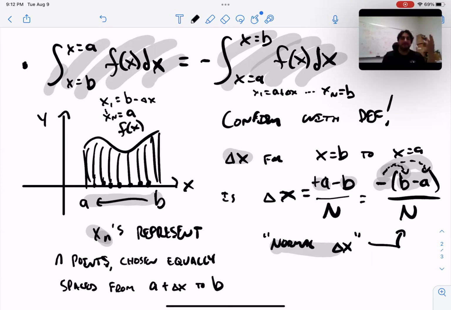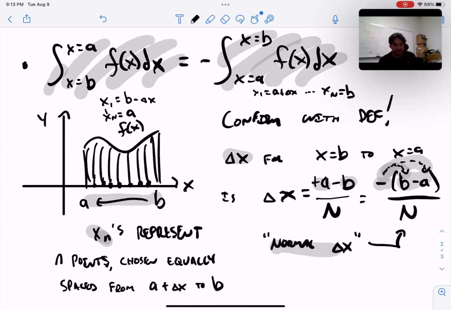By the way, we defined our points x sub 1 through x sub n. So you do get slightly different x values that you're evaluating at. However, as the limit goes to infinity, as the number of rectangles goes to infinity, whether you have one point chosen at the extreme left or at the extreme right of your Riemann sum makes no difference in the quantity, since that particular rectangle will go to 0 on either side.